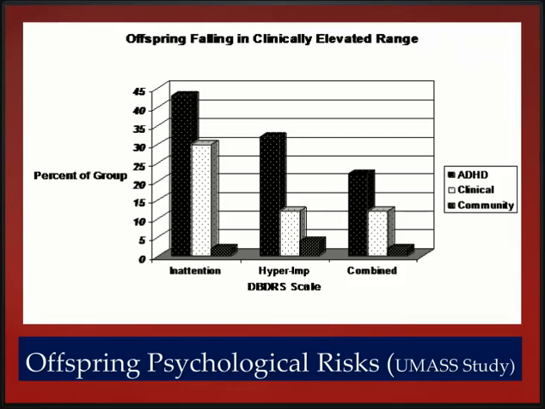Overall, at least 40% of the children of ADHD adults qualified as having one or more types of ADHD. This is consistent with other studies that show that between 40 and 54% of the children of ADHD adults are likely to be diagnosed with ADHD themselves.